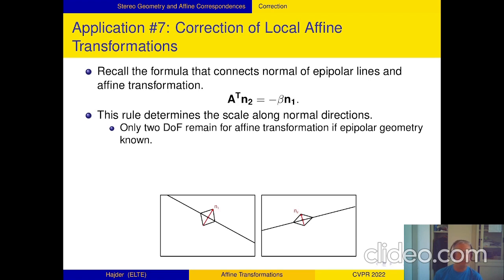So if we have an input affine transformation between two images, then this affine transformation should fulfill the equation of the third law, which connects the fundamental matrix or the normal of epipolar lines. In that case we have two constraints for the affine transformation, so only 2 degrees of freedom remain.